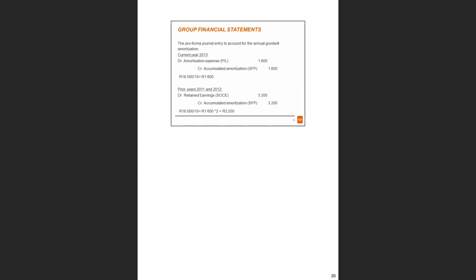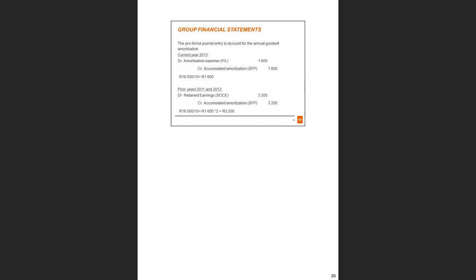So here we are going to debit retained earnings, and this represents your accumulated profits. In the current year, we said debit amortization expense, but here we debit retained earnings because that is your accumulated profit, and this journal entry relates to prior periods. So debit retained earnings and credit accumulated amortization.